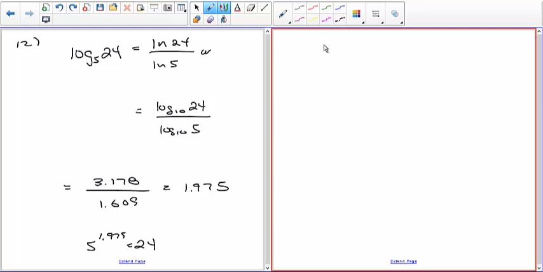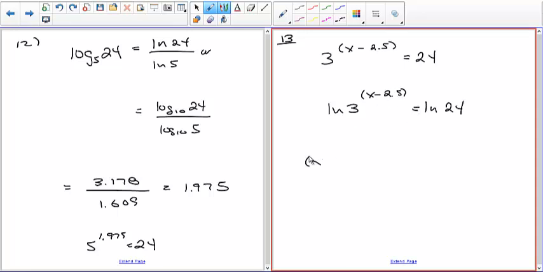Okay, now we're going to solve some equations. So we were saying that for exponential equations, we can use any base for the logarithm, and the one that makes the most sense is the natural log. So we're going to take the natural log of 3 to the x minus 2.5, which is the natural log of 24. And then you can bring that exponent down using the properties of logarithms.